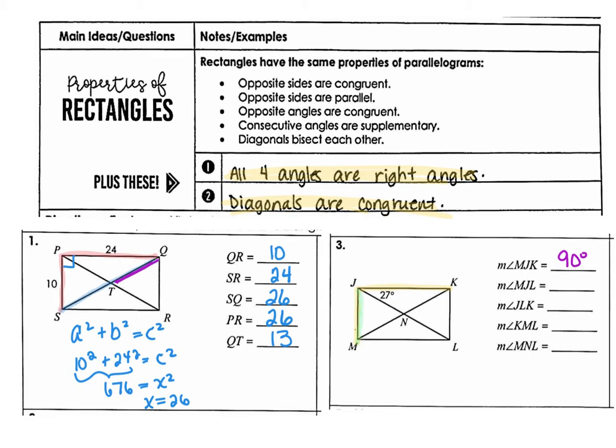Well, if I know the entire thing is 90 degrees, and I know part of it is 27, the other part I just calculate by subtraction. So I'm just going to say, well, I know the whole thing is 90. I need to subtract the 27 to get that particular angle. And so that's how I'm going to find that this is 63 degrees. All right.